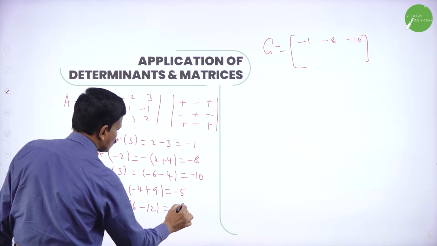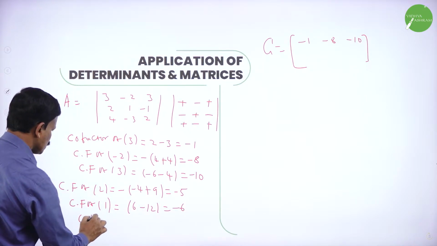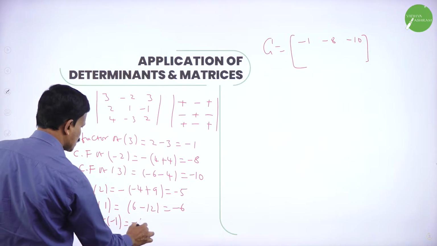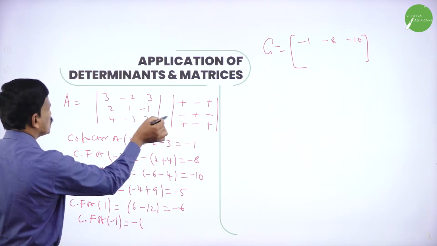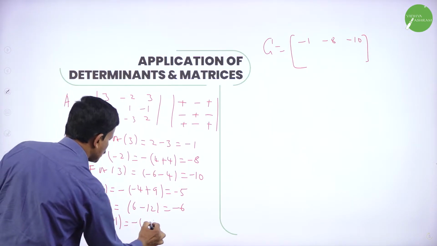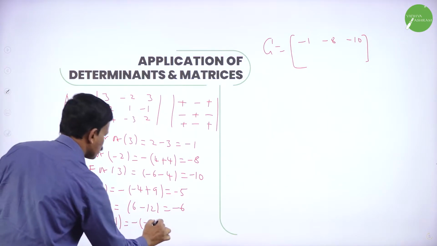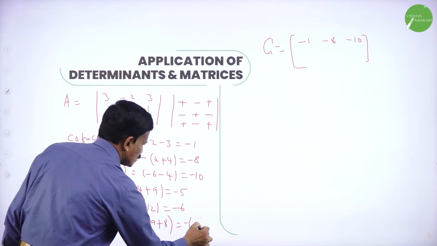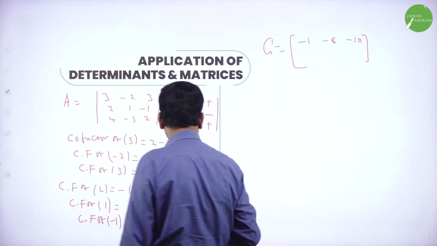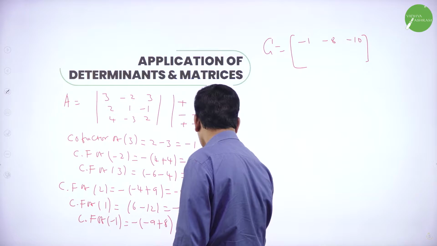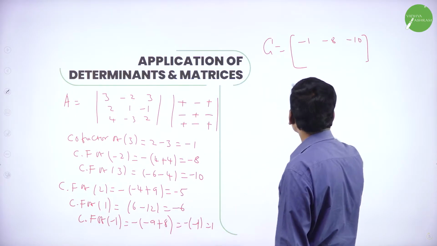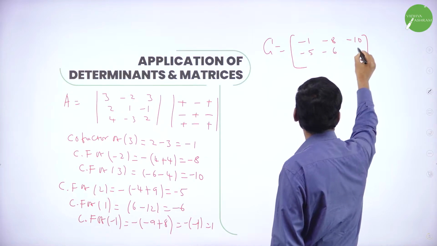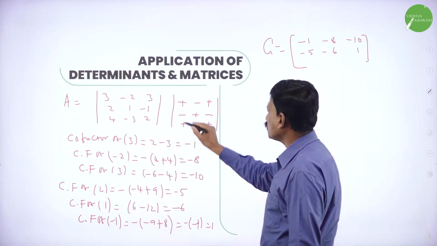So 6 minus 12 is equal to minus 6. Similarly, the cofactor for this minus 1 is minus, this negative sign, 3 3s are 9, minus 9, minus into minus plus, 4 2s are 8. So minus of minus 1 is equal to plus 1. So I will write the second row: minus 5, minus 6 and plus 1. Now come to the last row.